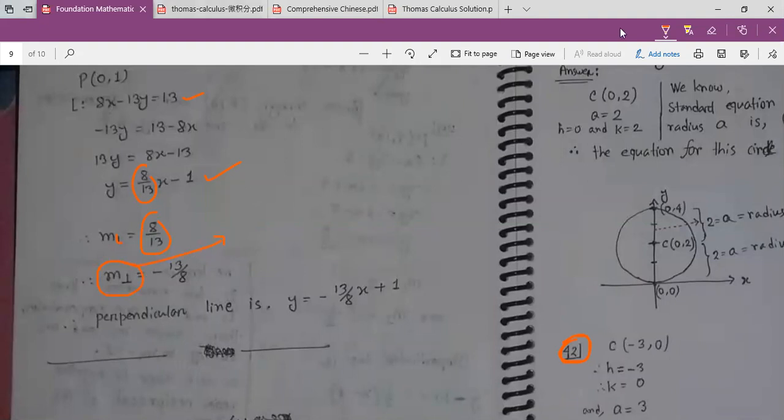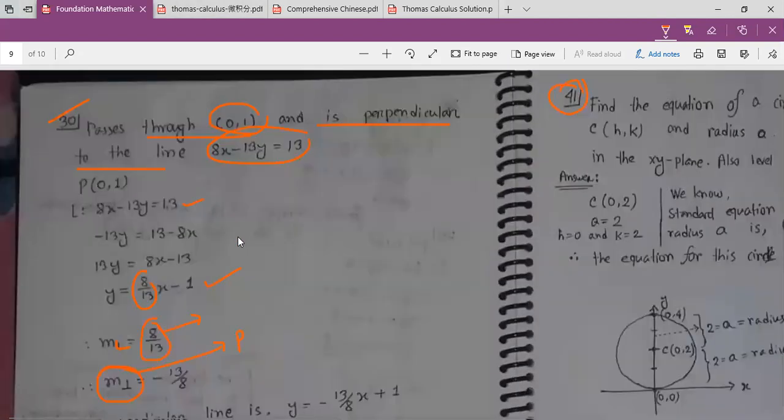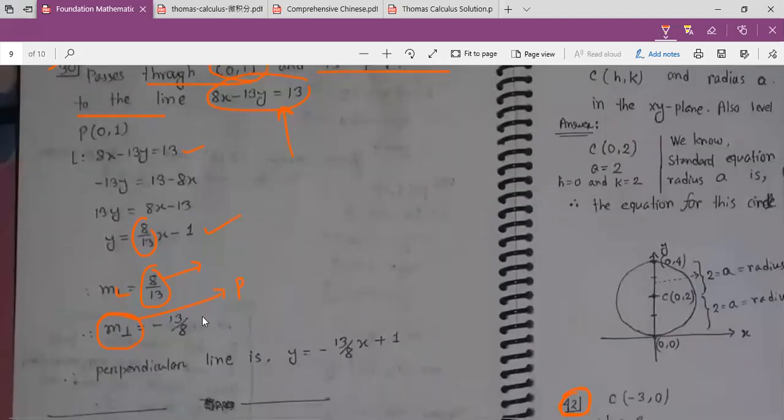So for m1 equal to 8/13, the slope of a line that is perpendicular to this line will be minus 13/8. Why? We have to take the reciprocal of this number.